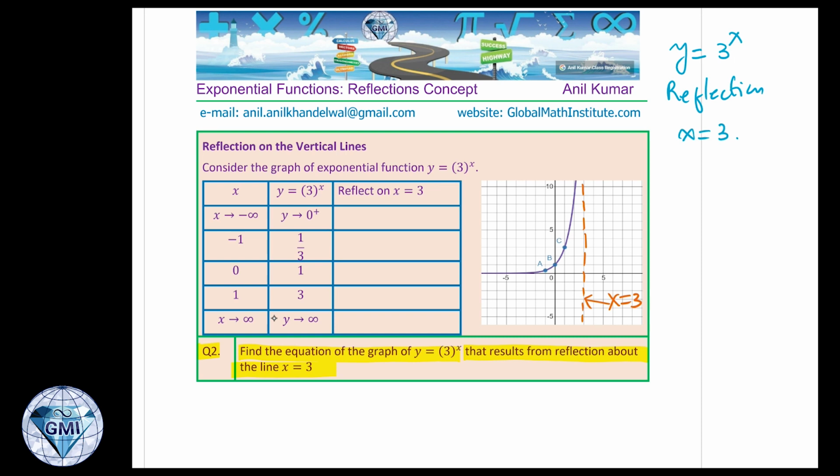The y value will remain the same. And therefore, if I have a point (x, y), in that case, the x value will change, but y will remain the same, right? So horizontally it is being reflected. So we have horizontal reflection.